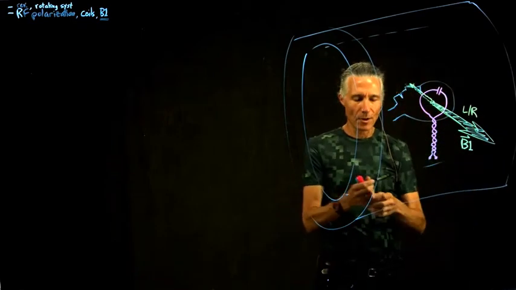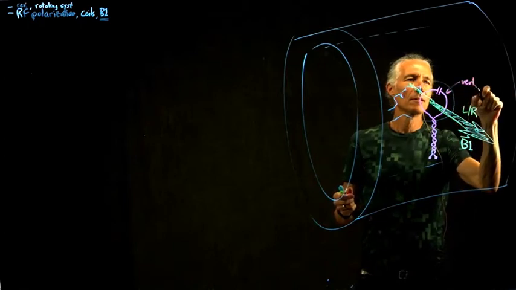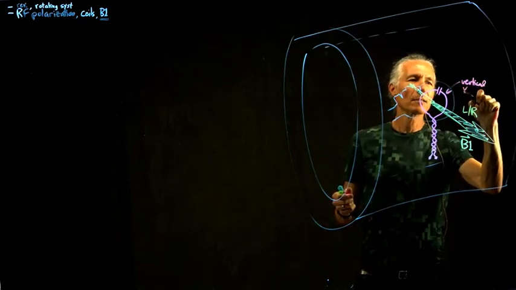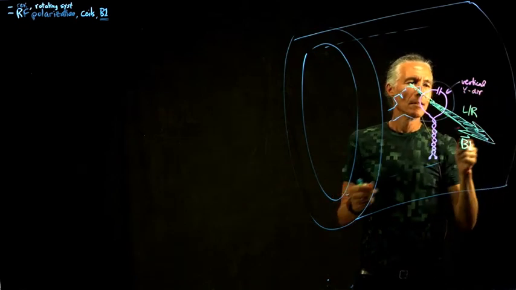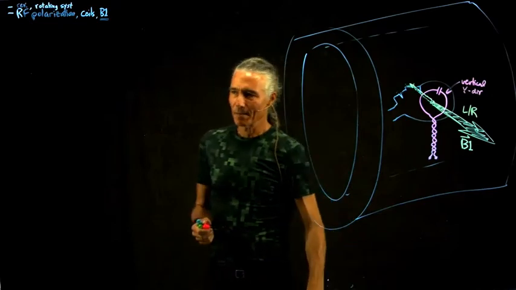So this was a vertical coil, a Y direction coil, and the magnetic field that it generates is left, right.